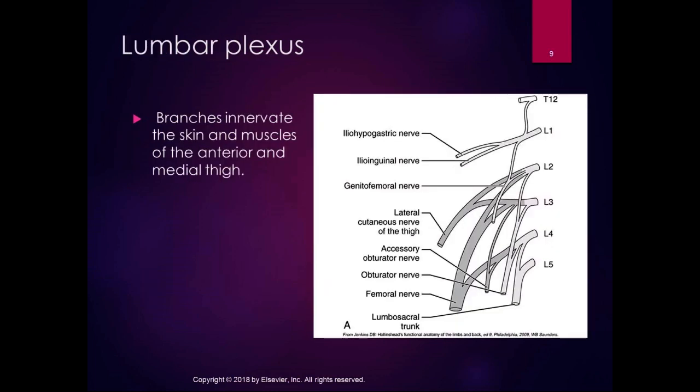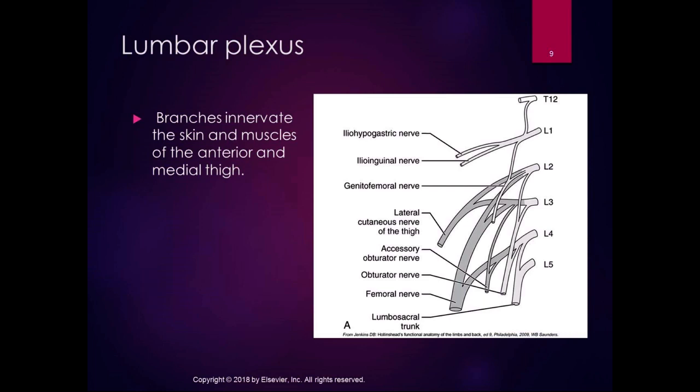The lumbar plexus, the branches innervate the skin and muscles of the anterior and medial thigh. So you'll see sort of at the bottom of this diagram, the two peripheral nerves sort of coming off of the lumbar plexus are the obturator and femoral nerve. And remember when we talked about the muscles in kinesiology, the obturator is sort of the inner medial thigh, and the femoral is the anterior thigh.